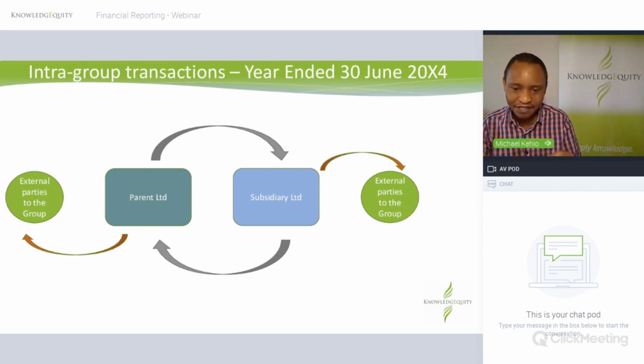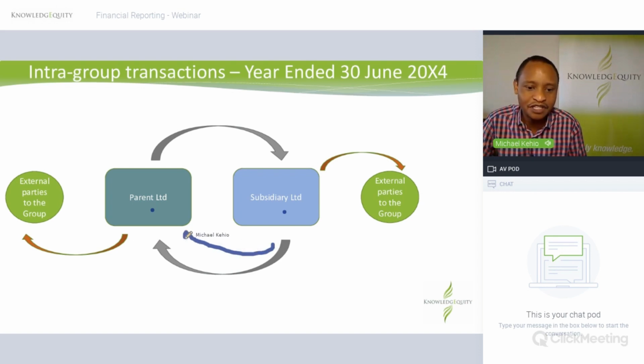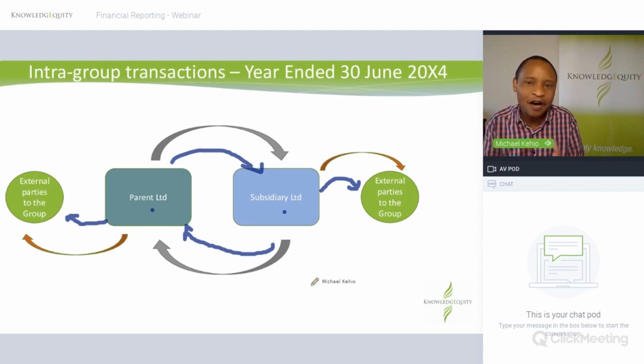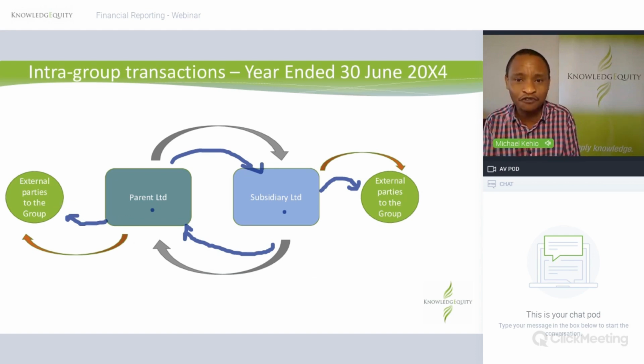So this is why I have this diagram here. So we have the subsidiary company here, we have the parent company. Now we know that there are some transactions between the subsidiary and the parent and vice versa. But there are also some transactions from the subsidiary to external parties, as well as from the parent to external parties. Now, why is this important? This helps you know whether a certain transaction contains unrealized profit or not.